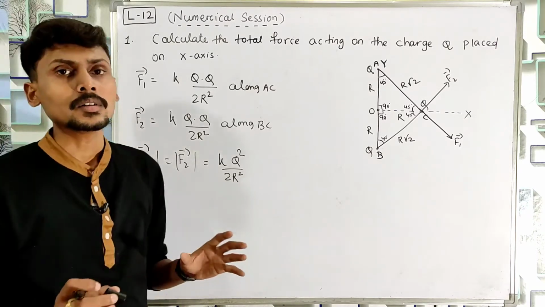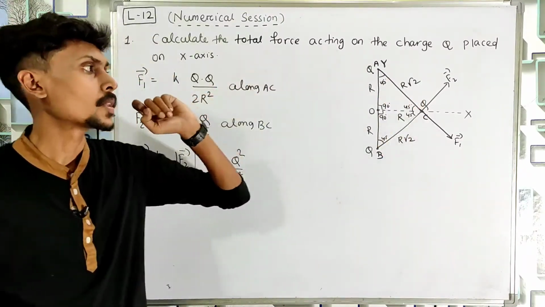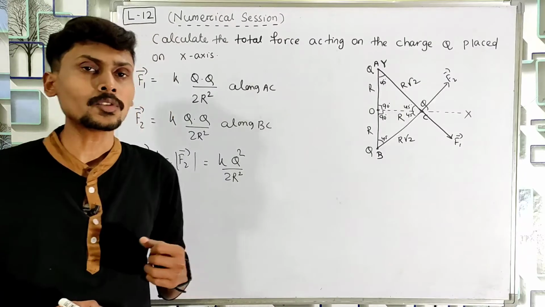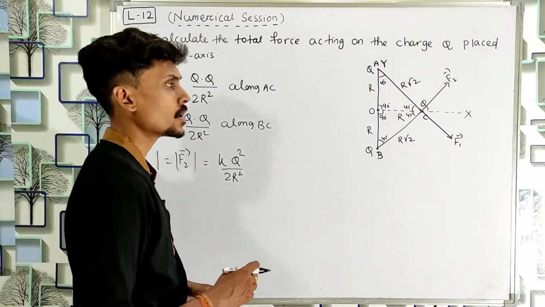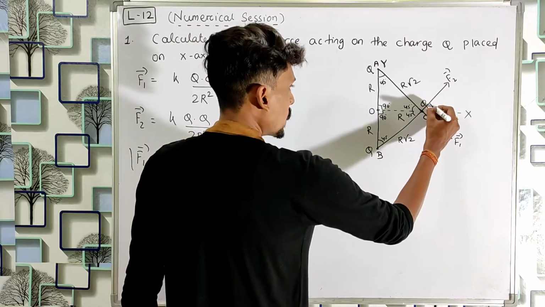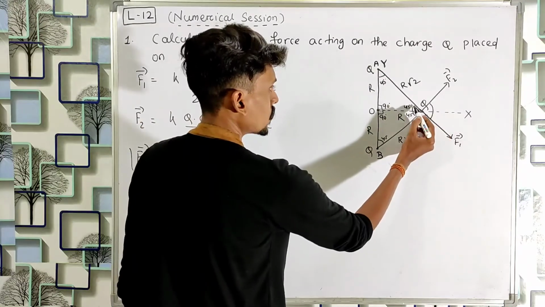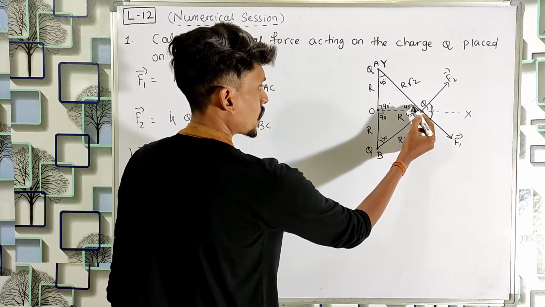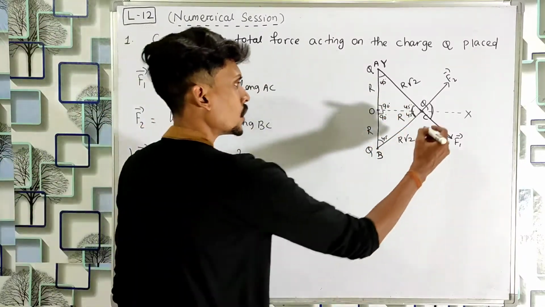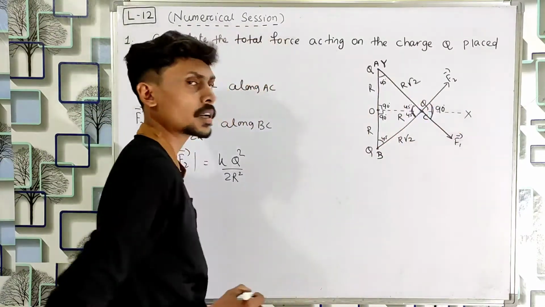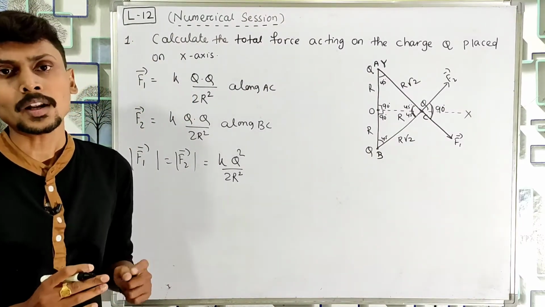So we have found the two forces acting on the charge at C, and to find the resultant force we have to add them vectorially, and for that we must know the angle between them. The angle between the F1 vector and F2 vector is the same as this angle, because these are opposite angles. This is 90 degrees, so this one is also 90 degrees. So the F1 vector and F2 vector are perpendicular to each other.